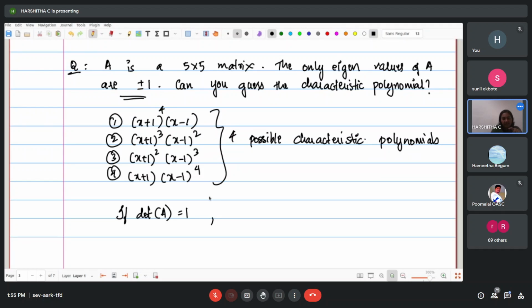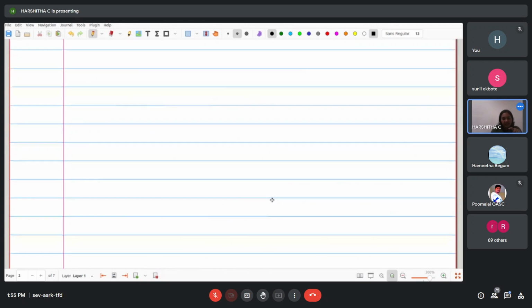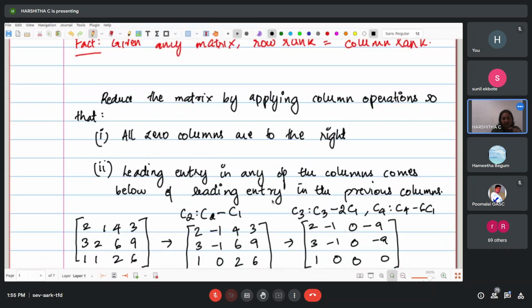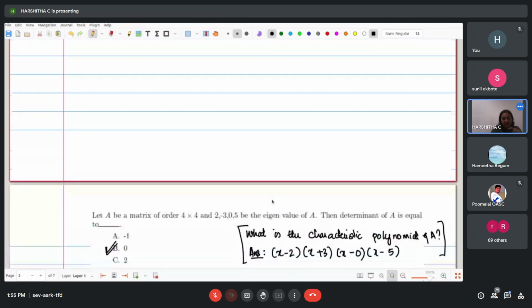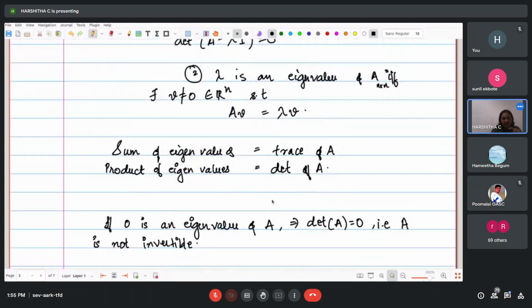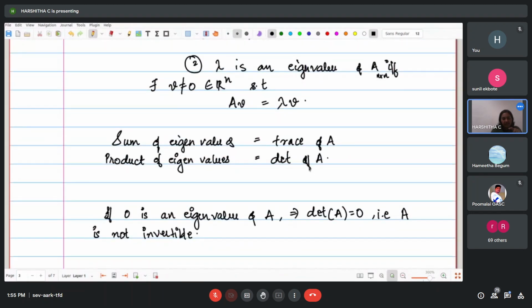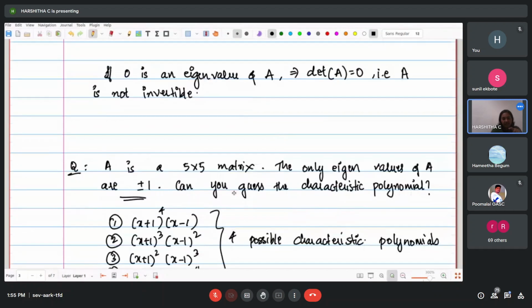What is the relation between the determinant and the eigenvalues? As we already saw, the determinant is the product of eigenvalues. So it can be either 1 or minus 1.